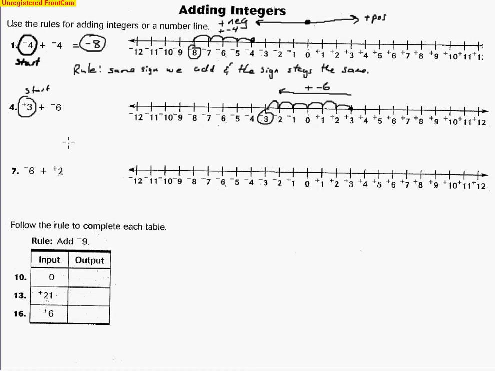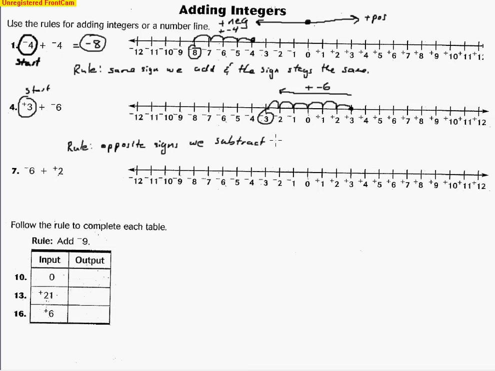The rule with addition is if we have opposite signs, we subtract. We're going to end up subtracting the numbers that we have. And the one further from 0, the largest absolute value, is going to determine the sign.